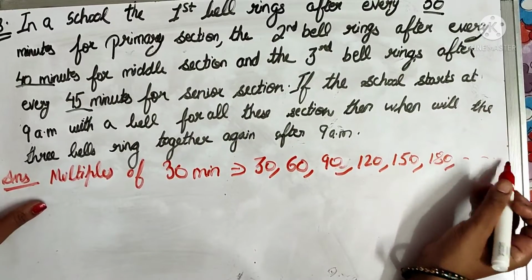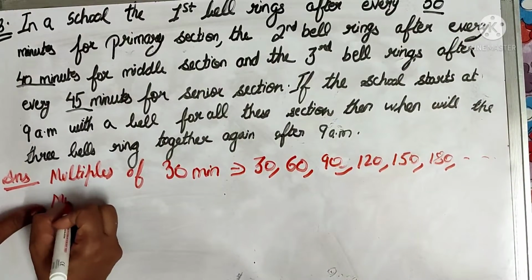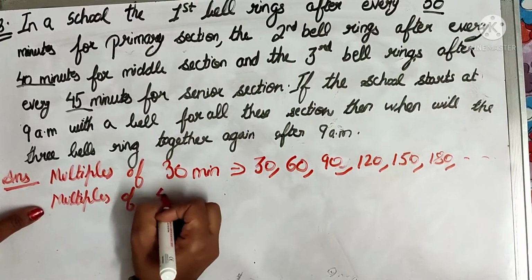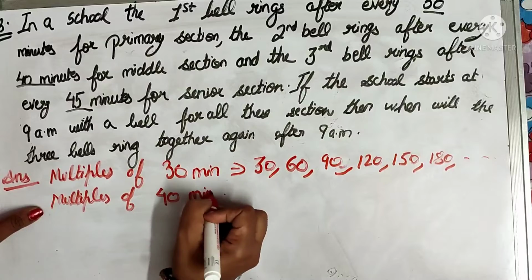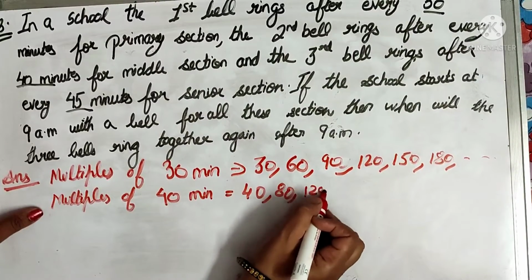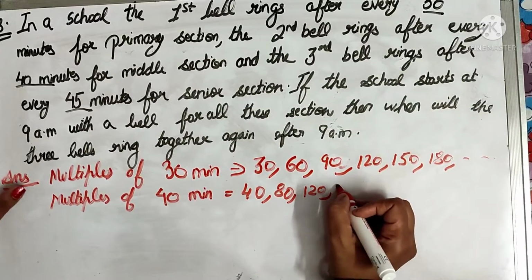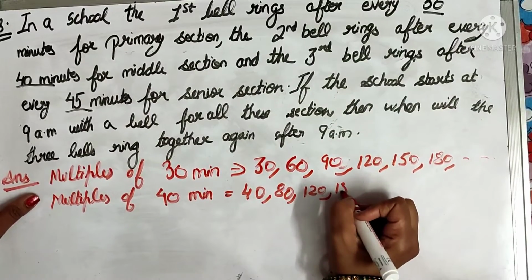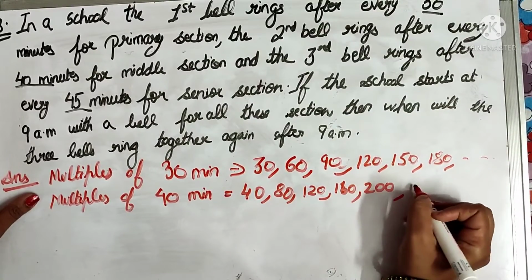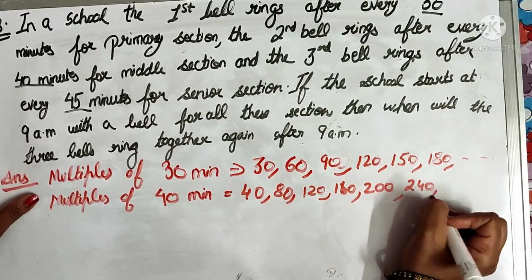Multiples of 40 minutes: 40 ones are 40, 40 twos are 80, 40 threes are 120, 40 fours are 160, 40 fives are 200, then 240 and so on.